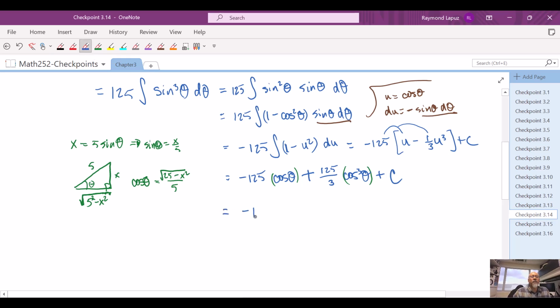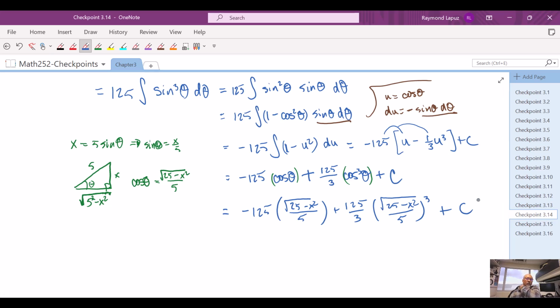So our final answer should be negative 125, and then here we have square root of 25 minus x squared divided by 5. And then we have a 125 over 3, and then we will have a square root of 25 minus x squared over 5, to the 3rd power, plus c.